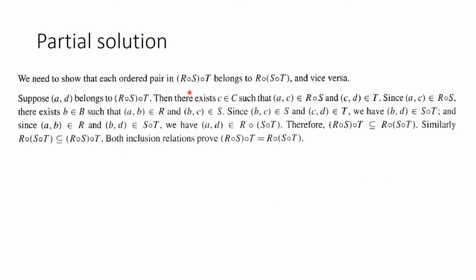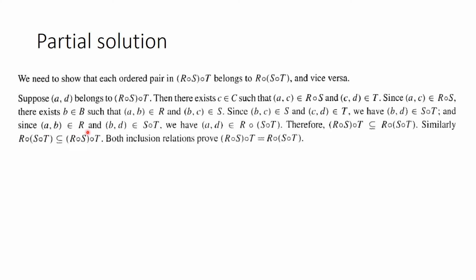Okay, so what you need to do is show that each ordered pair in this set also belongs to this set, and you do have to do it vice versa. Whatever starts in this set is in here, because these are actually sets. So suppose (a, d) belongs to this set, then there's a c in C such that (a, c) is in R∘S and (c, d) is in T. Since (a, c) is in R∘S, there exists a b in B such that (a, b) is an element of R and (b, c) is an element of S. So since (b, c) is in S and (c, d) is in T, we have (b, d) is in S∘T.